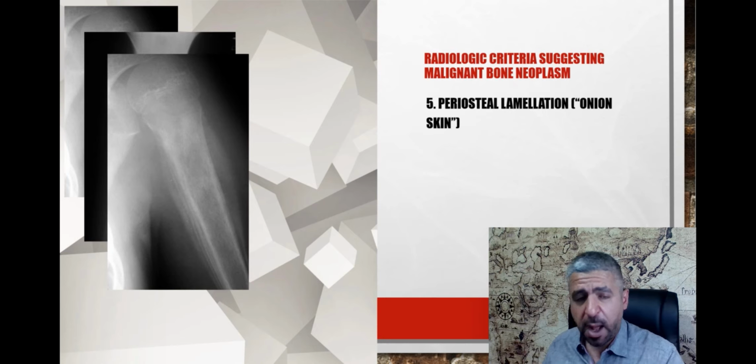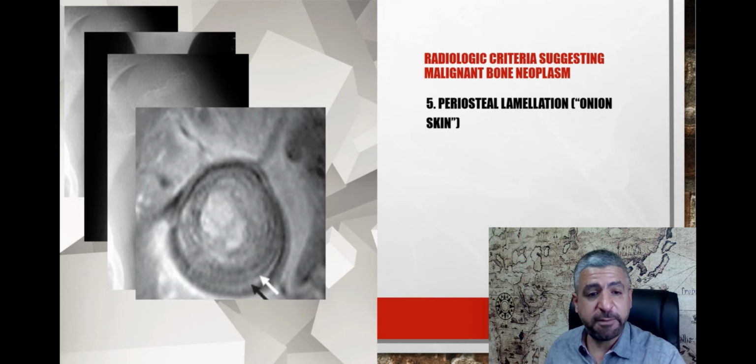And by the way, a lot of bone tumors that we see with the periosteal onion skin appearance, usually they are Ewing sarcoma. So when you see that, keep Ewing sarcoma at the top of your differential diagnosis.